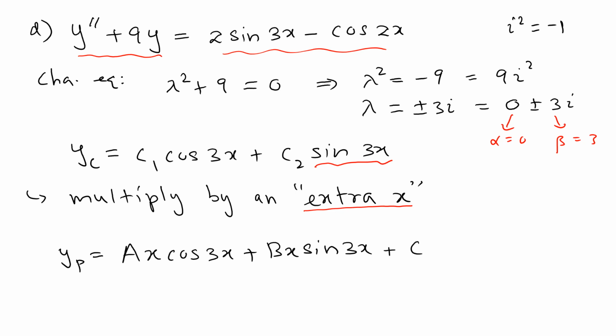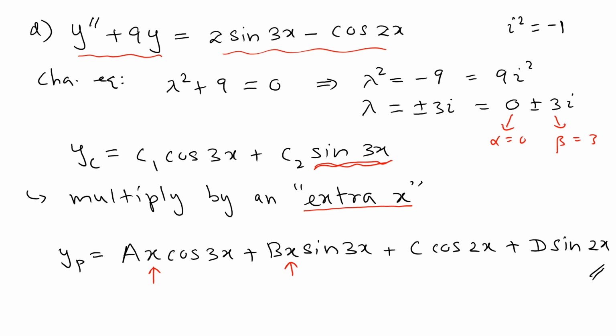So it is c cosine 2x plus d sine 2x. So you see that the only difference is there's an extra x here and there because of the sine term repeating. Okay, so that's the yp for part D.